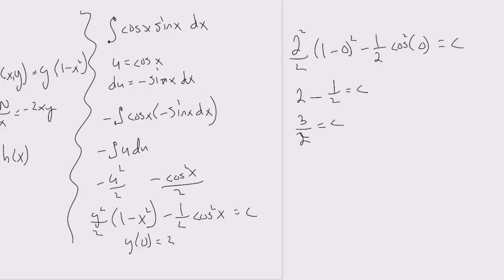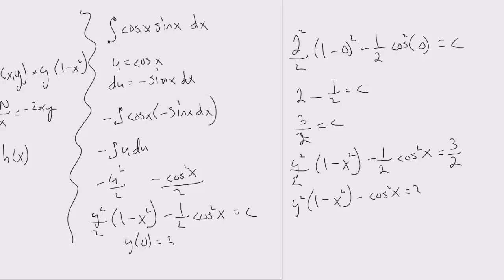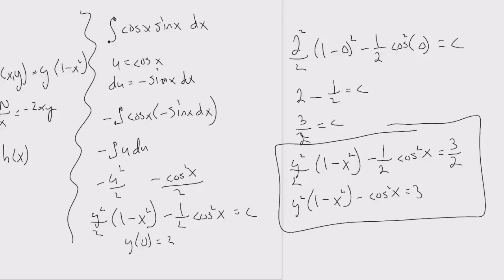And I see a lot of halves here, so I'm going to make a decision at the end here. So we have y squared over 2 times (1 minus x squared) minus 1/2 cosine squared x equals 3/2. And that's a perfectly fine equation. I just happen to see a bunch of 2's, so if I multiply everybody by 2, I end up with y squared (1 minus x squared) minus cosine squared x equals 3. So both of those are perfectly fine equations.